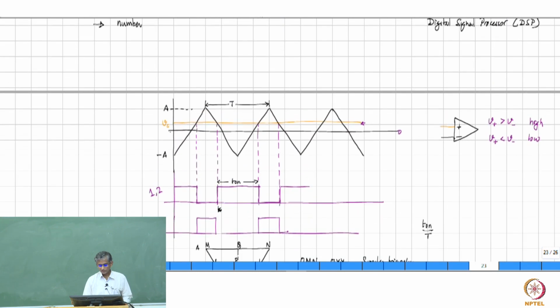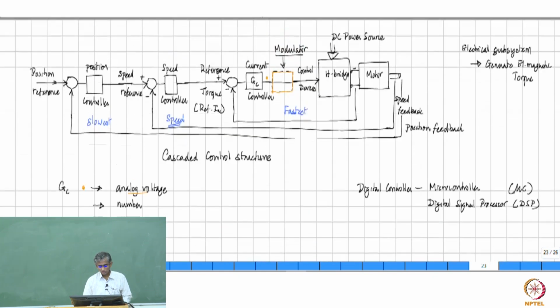So in this manner, one can then attempt to control the entire system. Right? This is how the closed loop control system of the drive looks like. One then has to look at how to design these controllers, which is a subject matter we will not discuss in this course, but that is what it is. Now in this whole thing, there are certain important aspects that you need a mechanism to measure the speed, you need a mechanism to measure the actual position of the shaft, right?